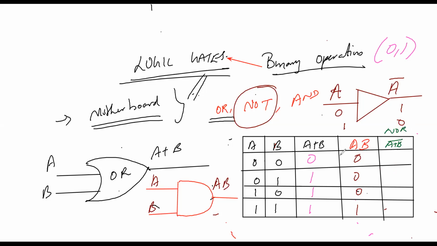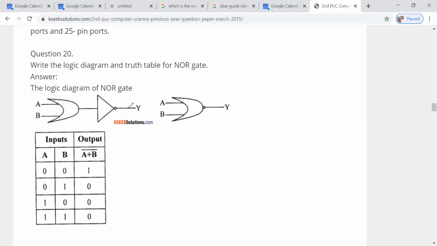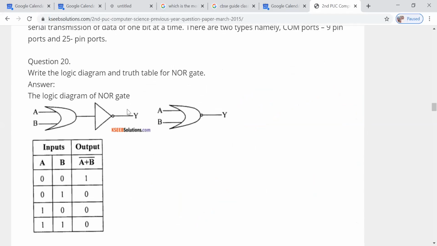What is the complement of 0? 1. So 1, 0, 0, 0. So this is nothing but the NOR gate. These are all very easy questions for us to get full marks. You just have to draw this one. Is it clear or any doubt?